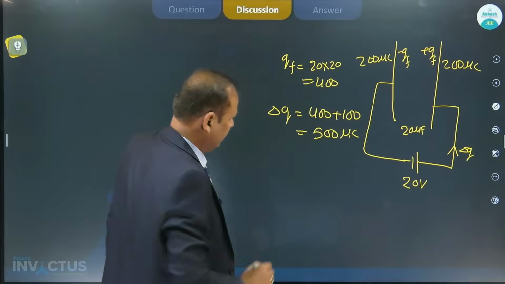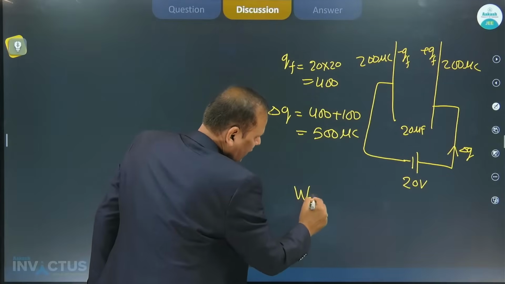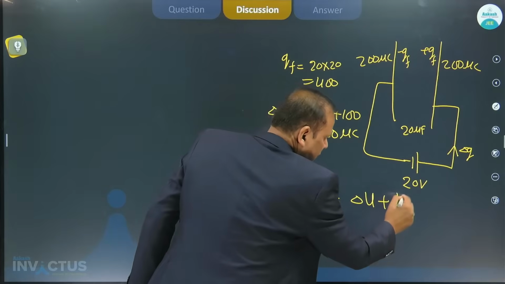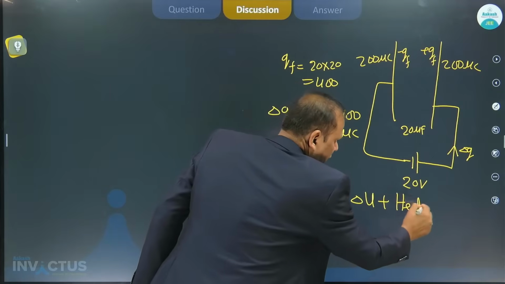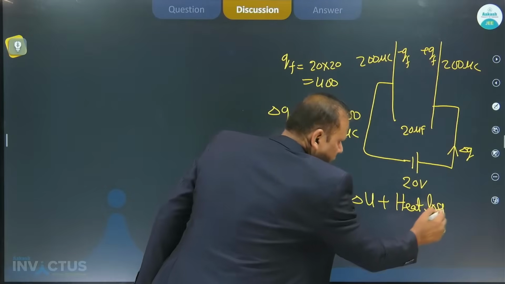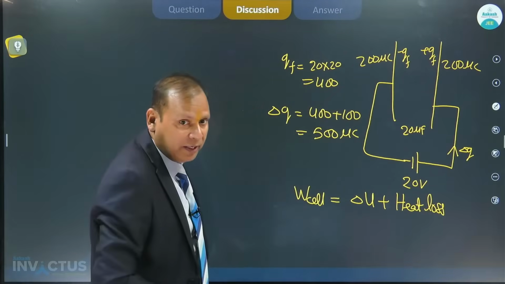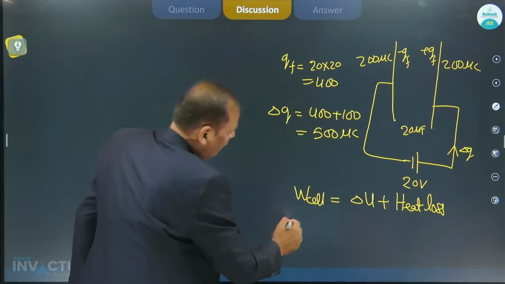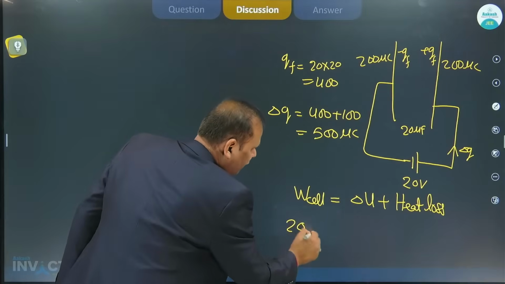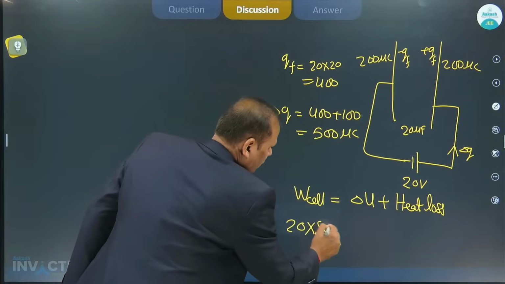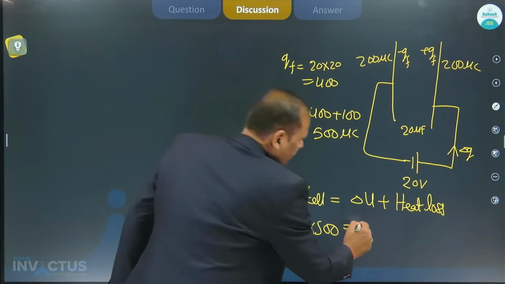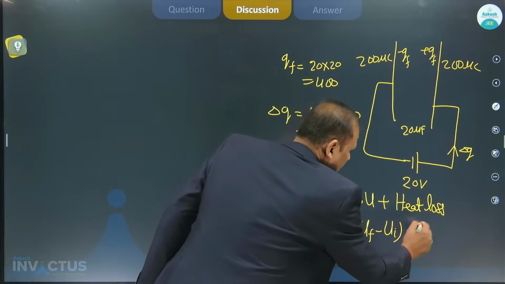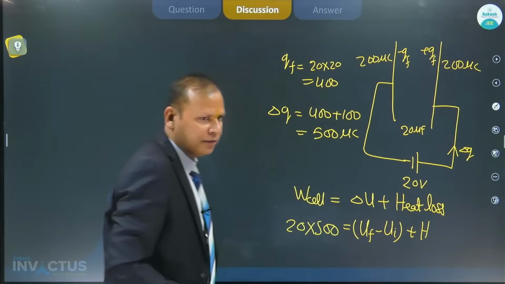So, we know that work done by a cell is equal to delta U plus heat loss. Work done by cell, 20 EMF into delta Q, is equal to U final minus U initial plus heat loss.